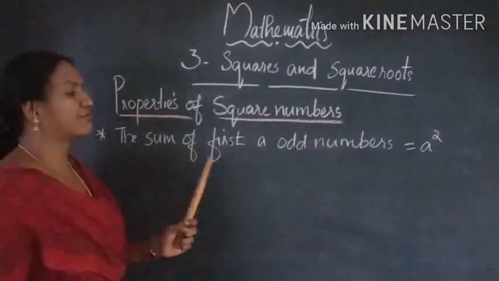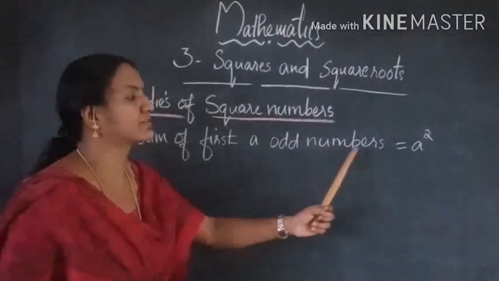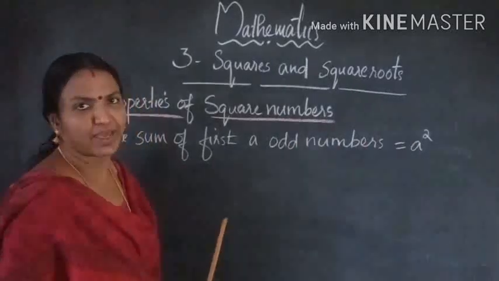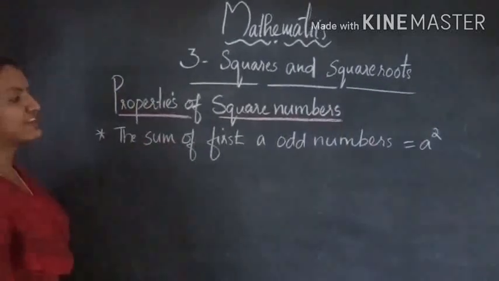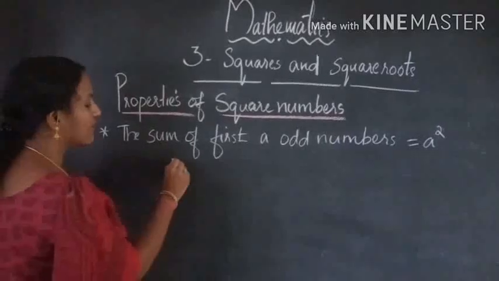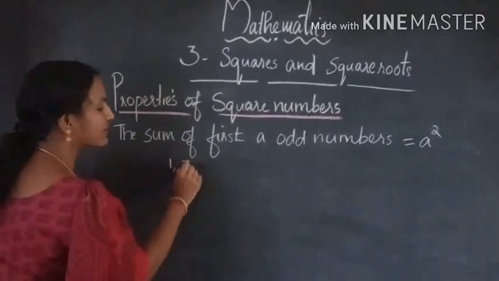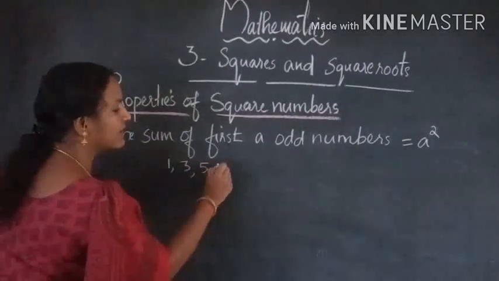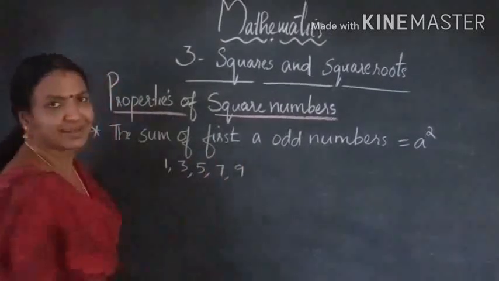The sum of first a odd numbers is equal to a square. Consider the first 5 odd numbers: 1, 3, 5, 7 and 9.